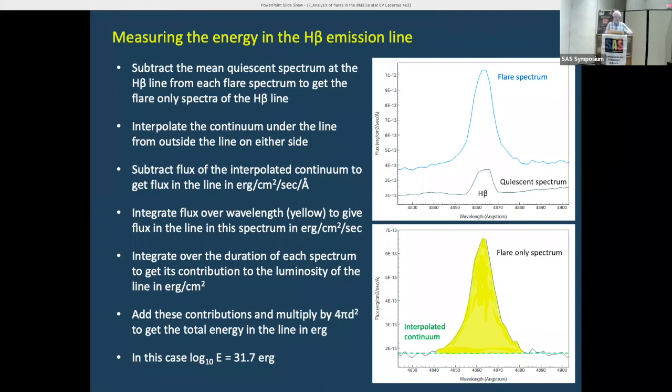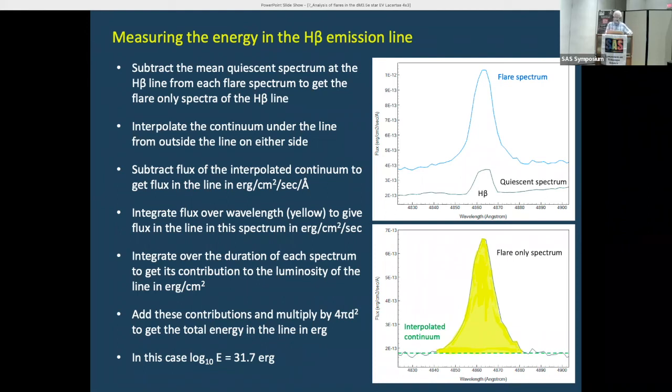The continuum goes up by maybe a factor of 3 or 4 in flux, and the flare gets substantially stronger in the line. So what we need to do is subtract the mean quiescent spectrum, that's the bottom line, from the hydrogen beta line in the flare to get the energy, the flare only spectrum of the hydrogen beta line.